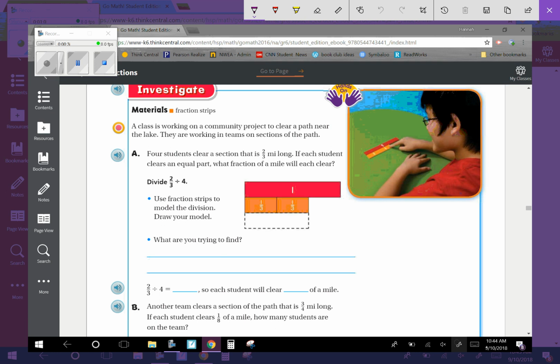Okay, so we have one fraction strip here. That's our whole. What are we trying to find? Well, we're trying to figure out how much is in each group. If 2/3 is shared among 4 groups.